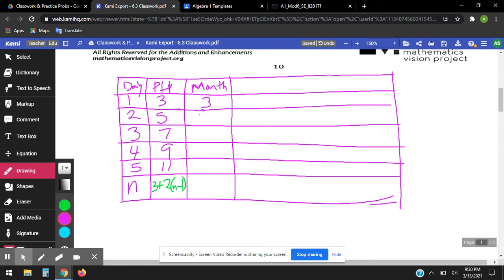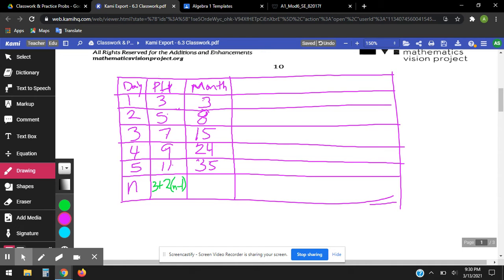So here he did 3, but he did the 3 plus the 5, so now he's looking at 8, and the 8 plus the 7, so now he's at 15. 15 plus the 9, so now he's at 24. 24 plus 11 is 35.